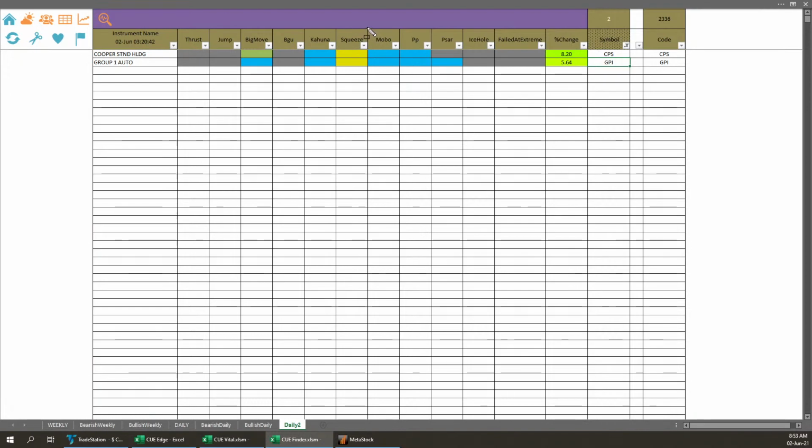Both have pocket pivot, mobile breakout from traditional squeeze with a kahuna. There is a PSAR reversal in Group 1 Auto, and the big move shows that Group 1 Auto had the biggest move in 3 months, and Cooper Holding had the biggest move in 5 days.